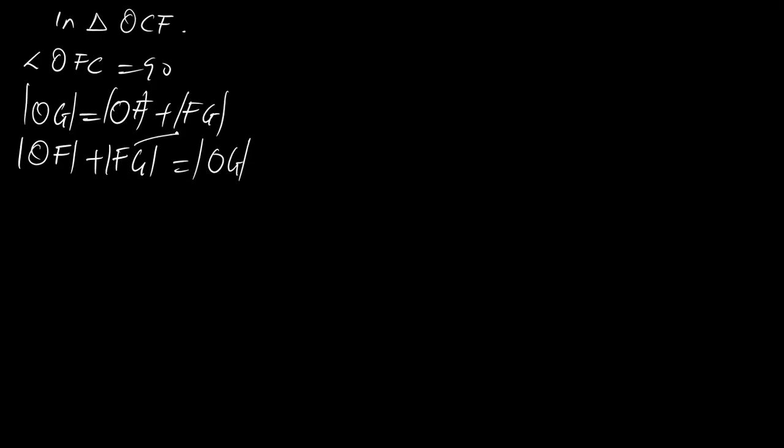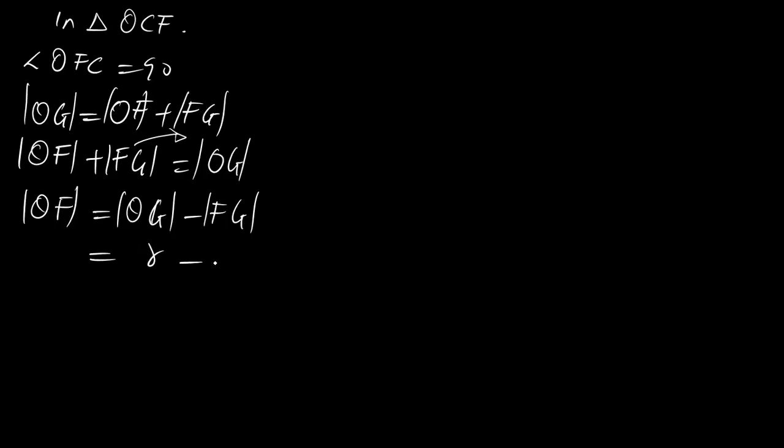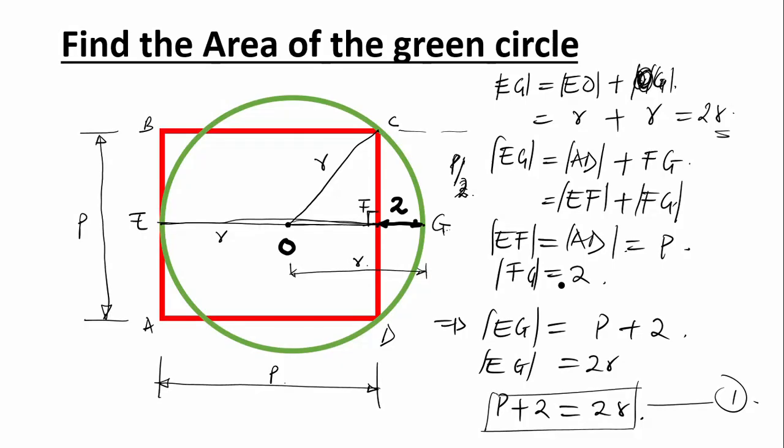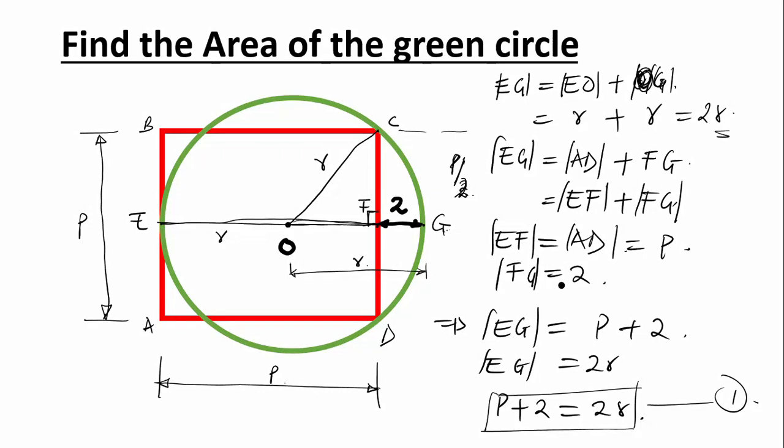If we move this to the other side, you now have OF equal to OG minus FG. OG is R, minus FG, which is 2. So you now have OF equal to R minus 2. So we have gotten this triangle.